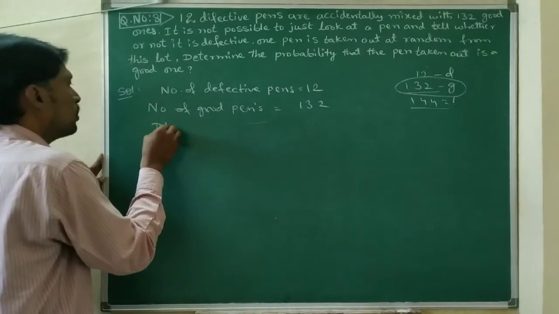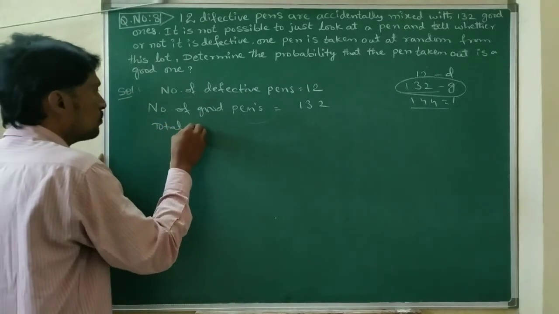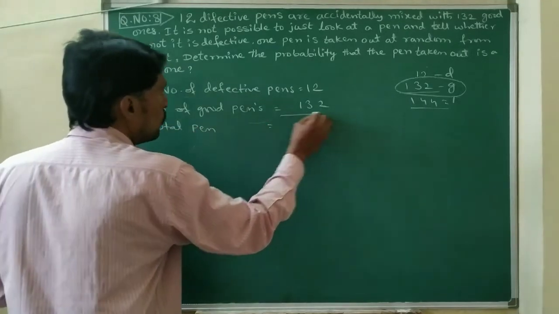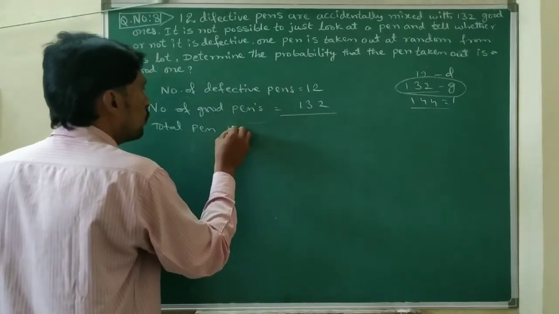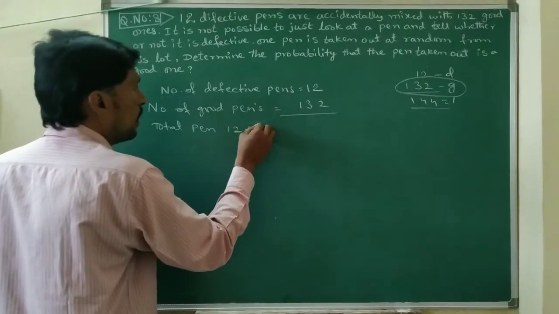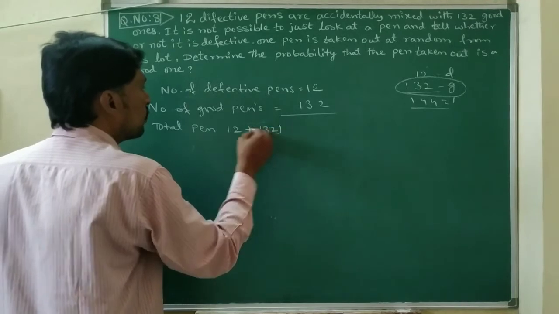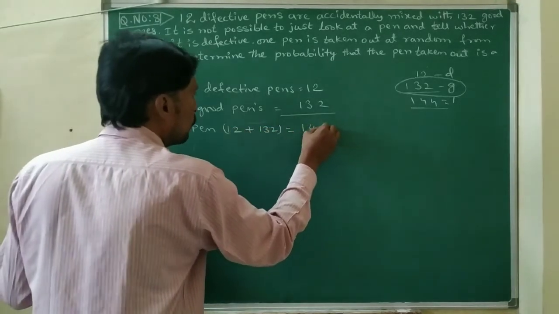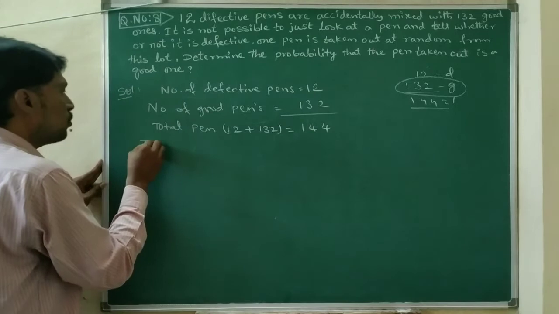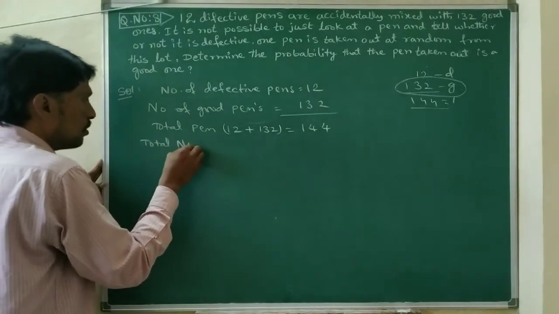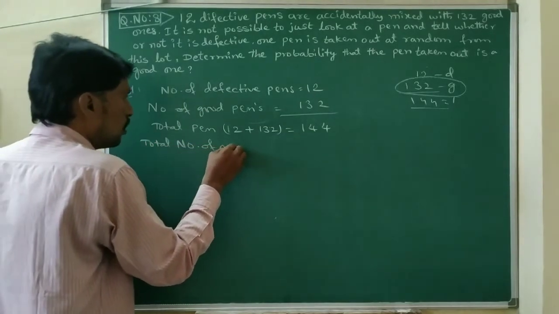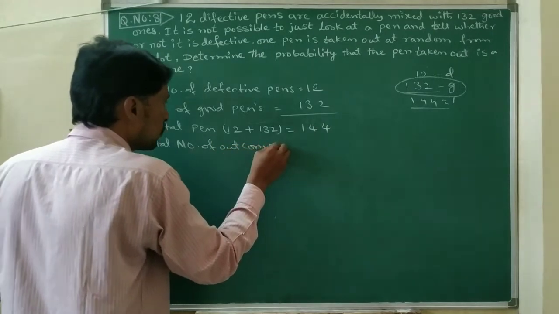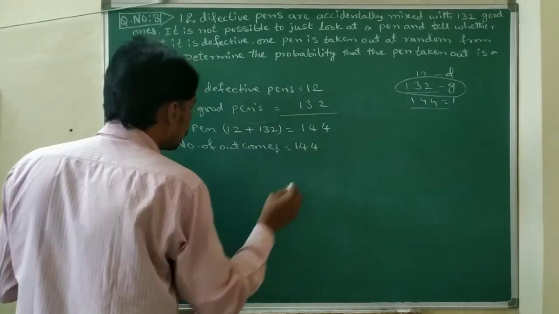Now the total number of pens: we need to add these 12 defective and 132 good pens, which gives 144. So the total number of outcomes equals 144.